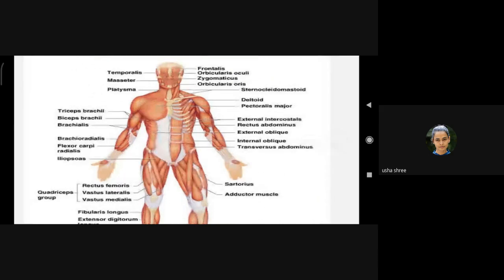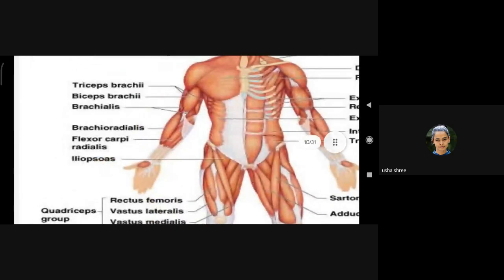Like you can see here, biceps brachii. Brachii means the brachial artery or the brachial plexus is going through these muscles. So these names come from that: biceps brachii, triceps brachii, brachialis.